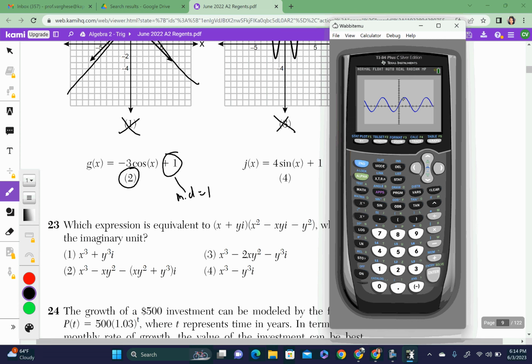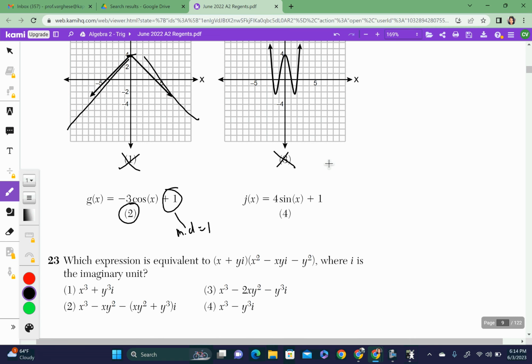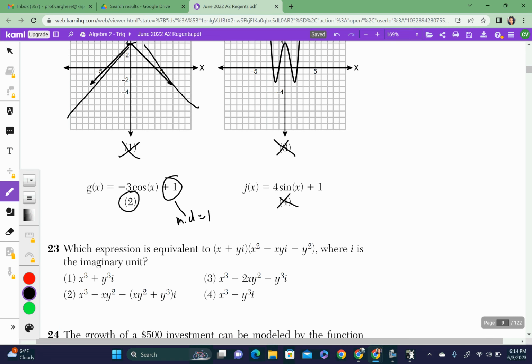Our highest value here actually goes up to 5. Let's go ahead and hit second graph, and let's check, right? You see how this is 4.95? That means that the highest value is about 5. So this does not have a max of 4. They want us to find which one has a maximum y value of 4. This one has a maximum y value of 5. So that is not true.